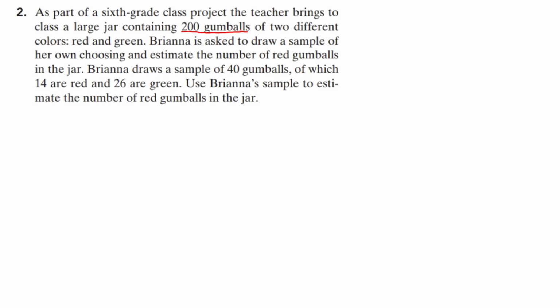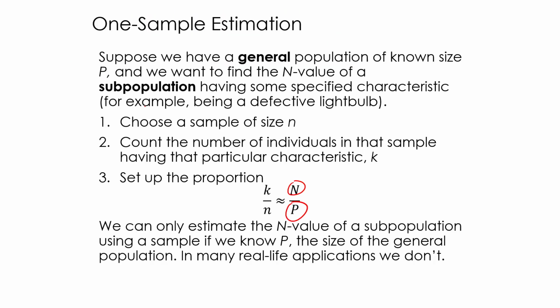Brianna draws a sample of 40 gumballs, of which 14 are red and 26 are green. Use Brianna's sample to estimate the number of red gumballs in the jar. So we want to estimate the number of red gumballs in the jar. Okay, so going back to our vocabulary of what we're looking at here.